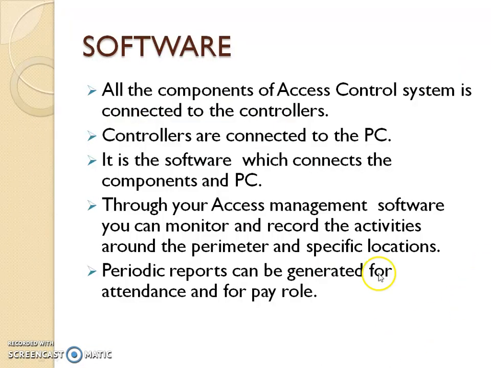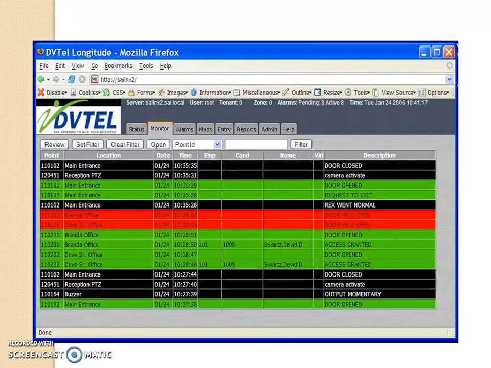So next is the software. The software is installed into the controller, which is going to control all the doors and other access devices. These software interfaces are generally user friendly, and are used to record all the activities.